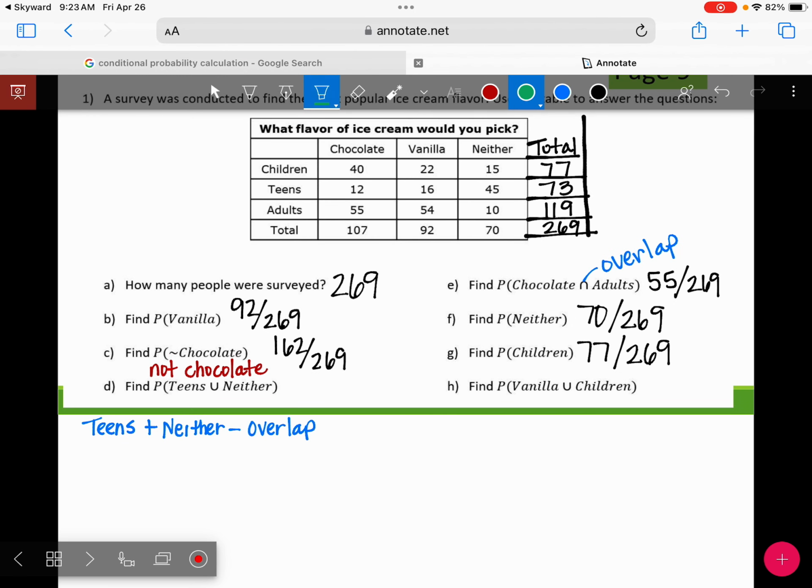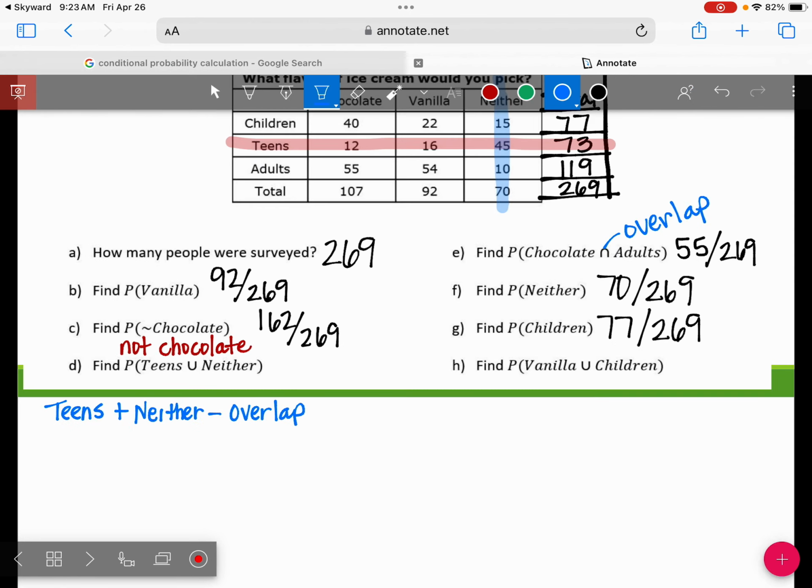So I have teens, and then I have my neither. Altogether, there were 73 teens.